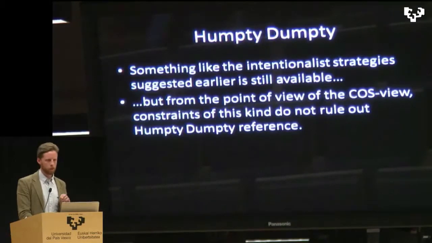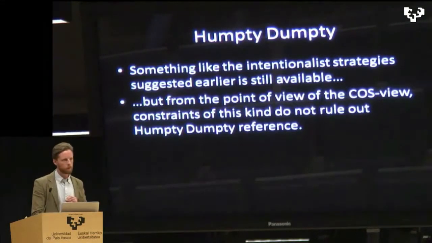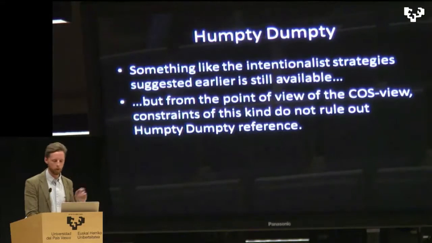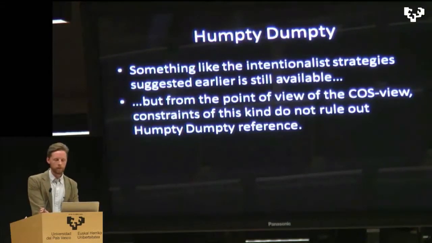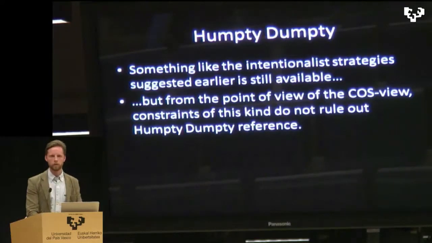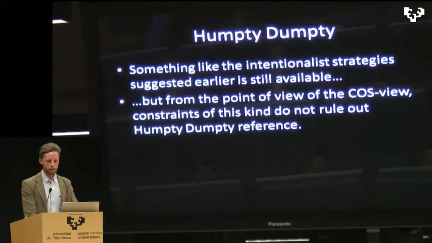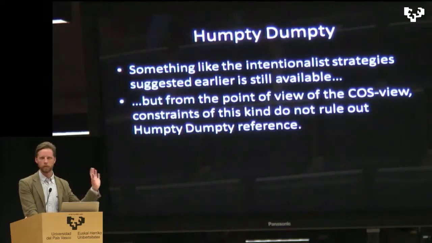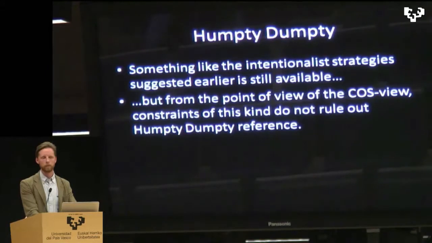But as you might have suspected from what I said about egocentric speakers, these kind of constraints wouldn't, on my view, rule out Humpty Dumpty reference, because you can have these very egocentric, uncooperative speakers. They can be egocentric to the extent that you can end up with Humpty Dumpty situations, something like the case with Cohen wanting to use "I'm not here now" to refer to Obama in the winter of 2006.